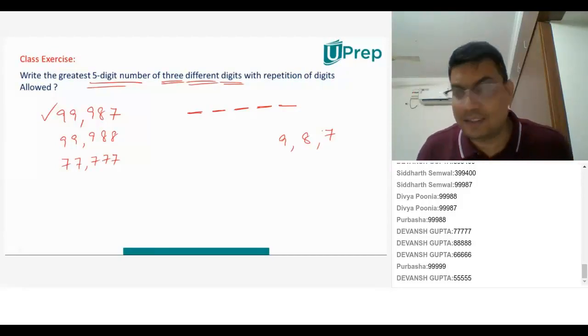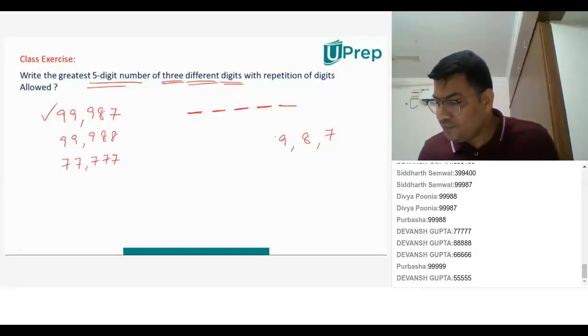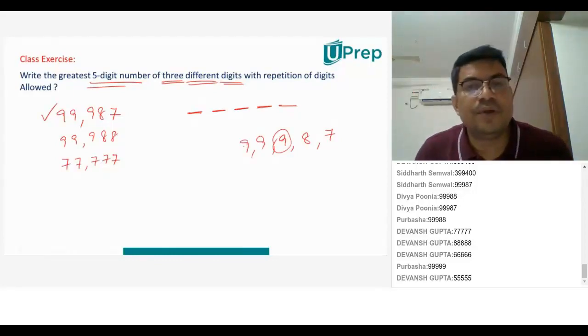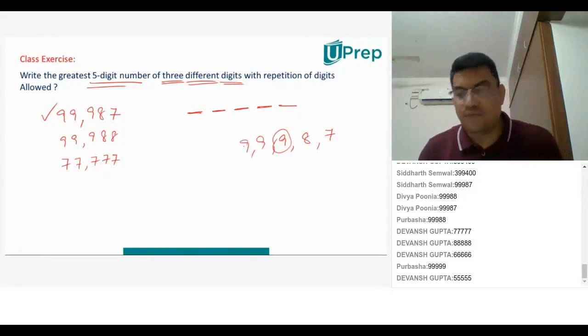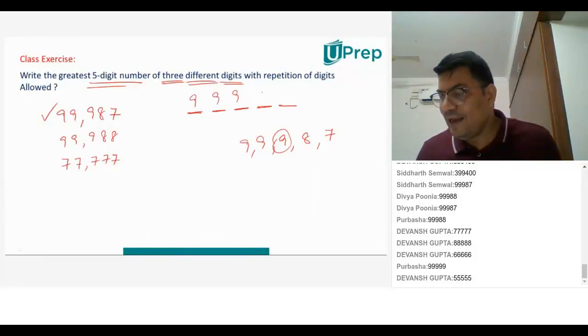I will take more 9s because I want the greatest number. So instead of 1 nine, I will take 2 more 9s. So I take 9, another 9 also. Very good. So it will be 9, 9, 9, 8, 7.